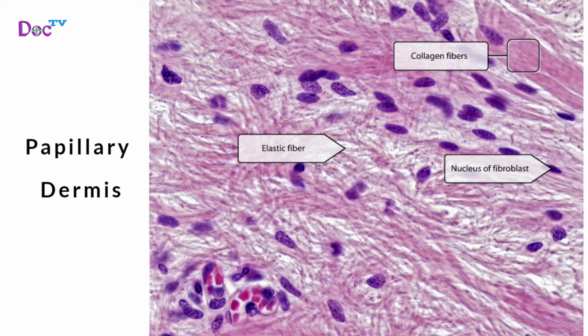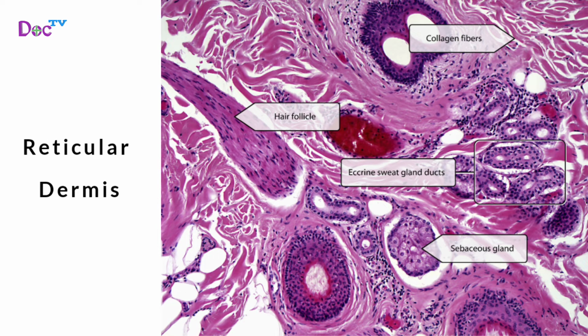Dermal papillae, which project from its upper surface into the epidermis, contain free nerve endings, capillaries, and tactile Meissner corpuscles. Reticular dermis is composed of dense irregular connective tissue with densely arranged collagen and elastic fibers that give the skin strength and elasticity. It contains hair follicles, sebaceous and sweat glands, sensory receptors, nails, and blood vessels.